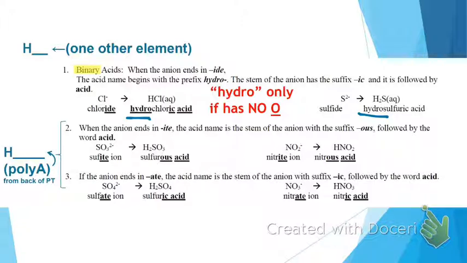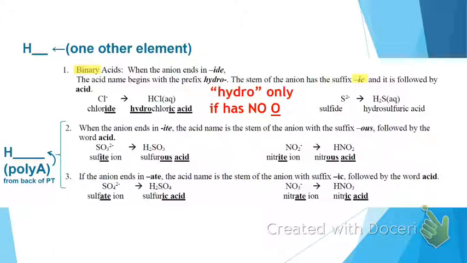It's just H and one other element. So hydro, some kind of root element name like chlorine, we added chlor here. And sulfur, we added that sulf bit here. And then at the end, we're going to have ic and then the word acid.